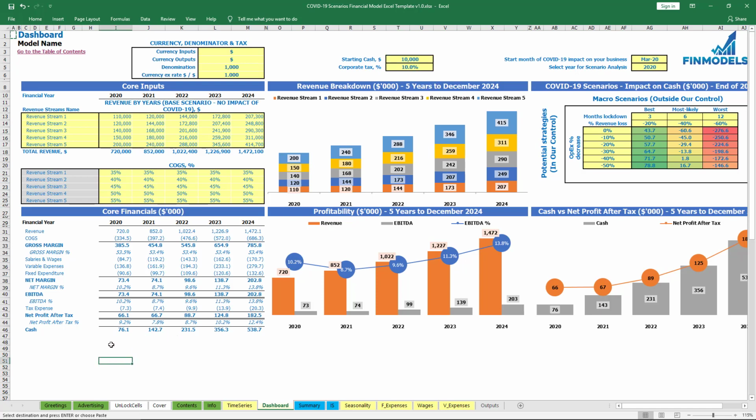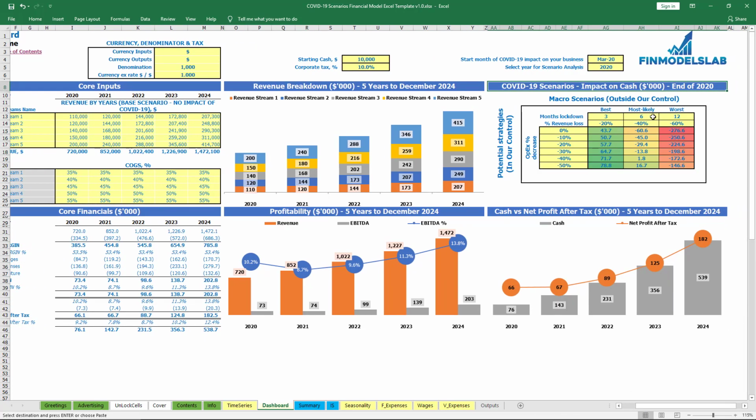So you will see it here, and these numbers show you the ending balance of the cash at the end of 2020.